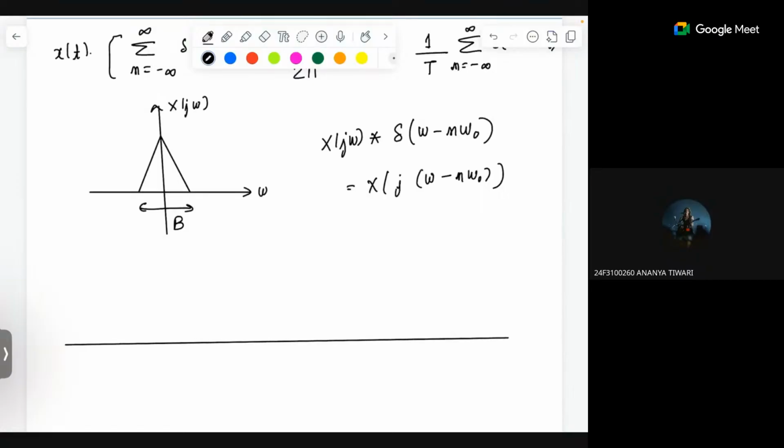So this is how the spectrum is going to look like. Spectrum of the discrete time or the sampled signal. So this was the first copy centered around omega equal to 0. Next one will be centered around omega naught. Then the next one 2 omega naught and so on. And similarly on the negative side also.